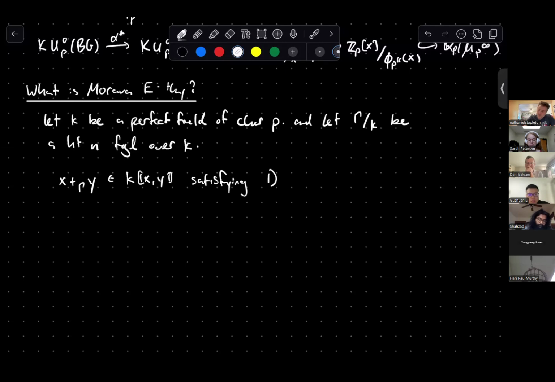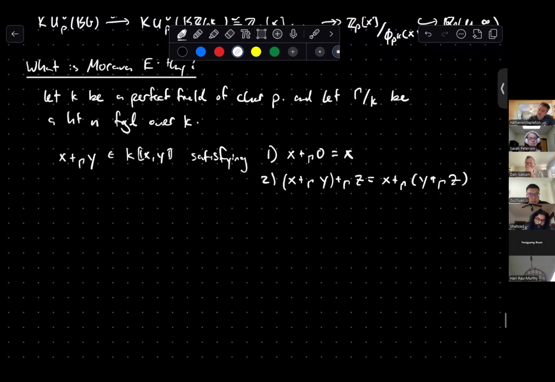And these are that x plus_Gamma 0 is x. Associativity, which is that x plus_Gamma y plus_Gamma z, if I parenthesize this way, is the same as x plus_Gamma y plus_Gamma z parenthesized the other way. And commutativity, which is that x plus_Gamma y is y plus_Gamma x.